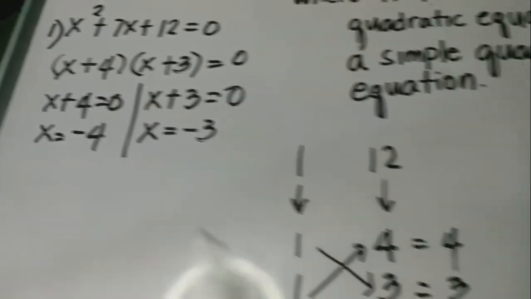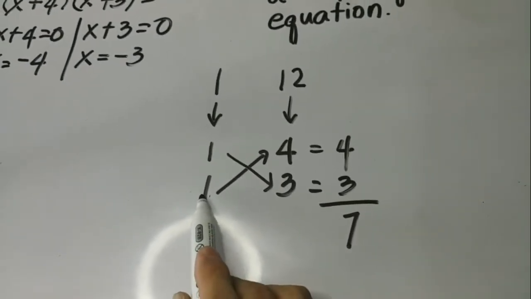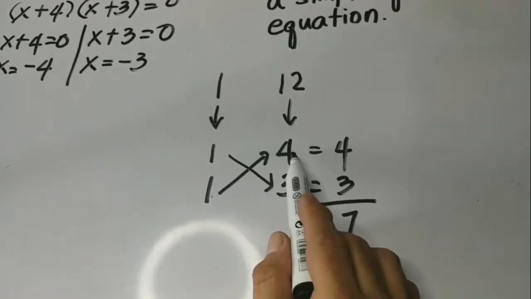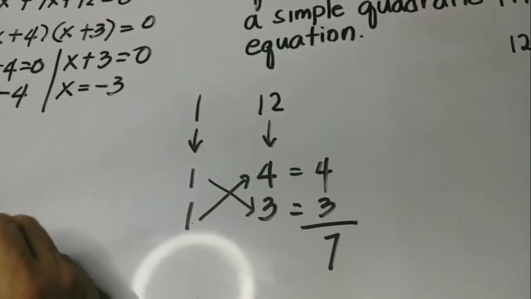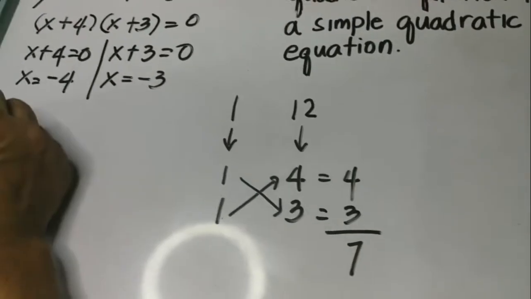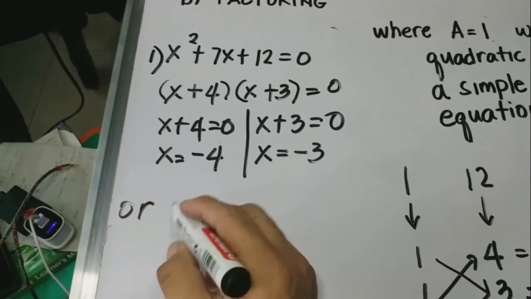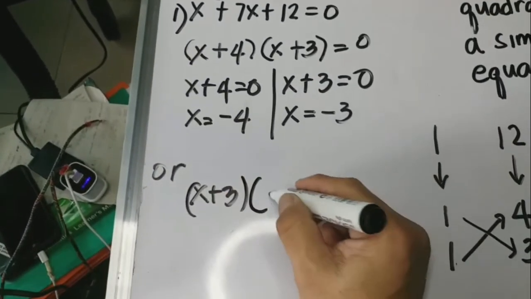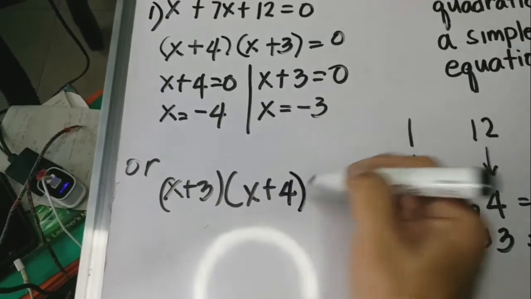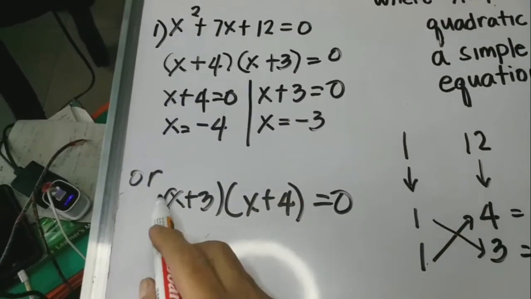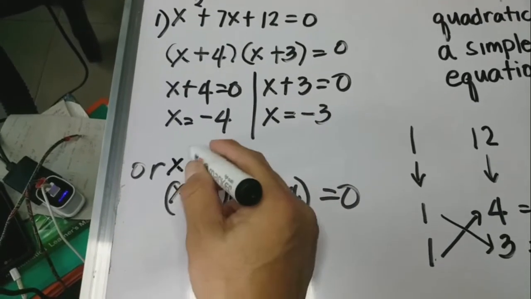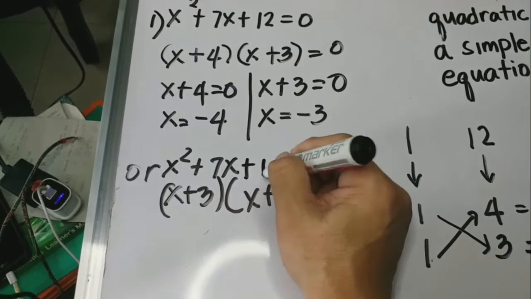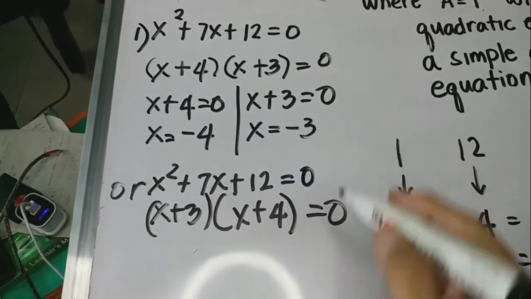How about if we write x plus 3 ahead of x plus 4? Will we arrive at the same answer? Let's try. x plus 3 then x plus 4 equals 0. Okay, writing first the equation, x squared plus 7x plus 12 equals 0.